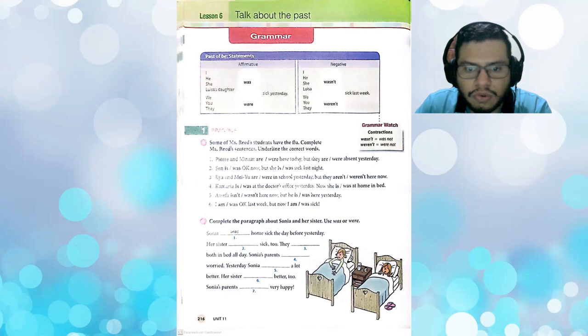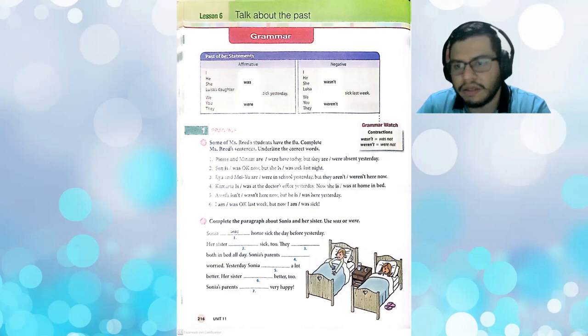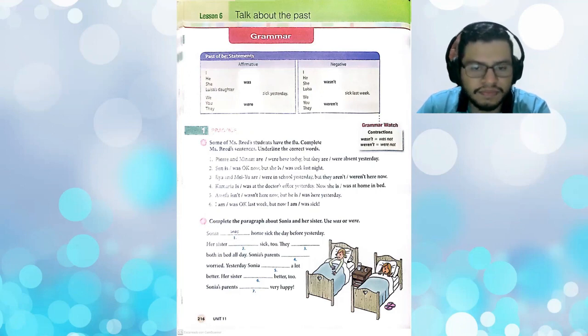Camaria is or was. Camaria was at the doctor's office yesterday. Now she is at home in bed. She is, because now is in present simple. Asefa isn't here now.